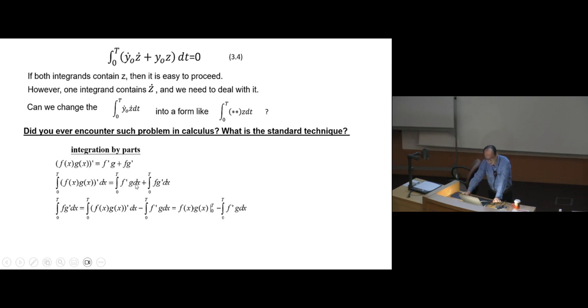So therefore, the integral of f times the derivative of g equals this term, minus the integral of f prime times g.